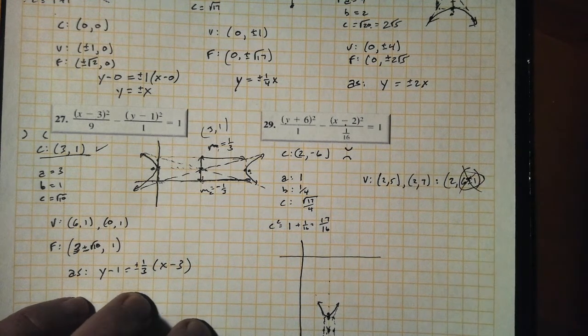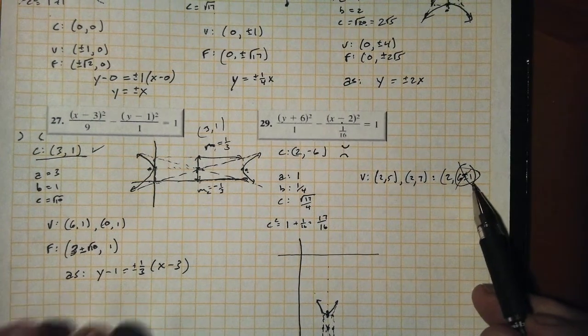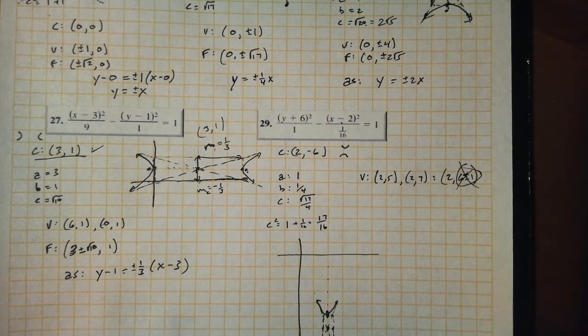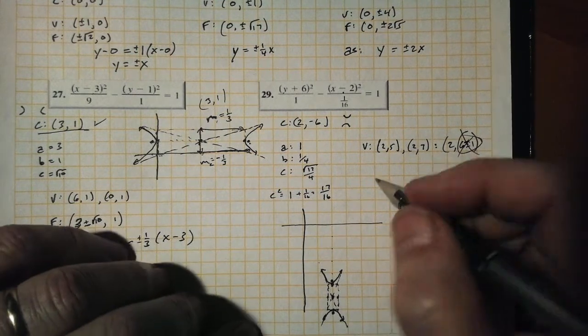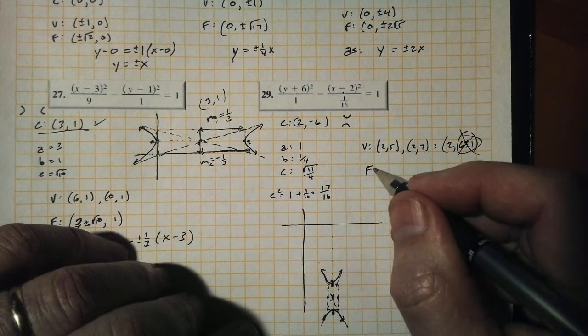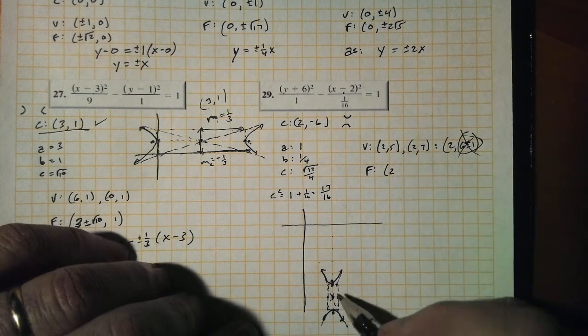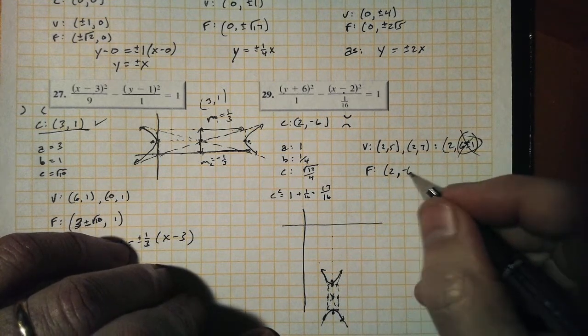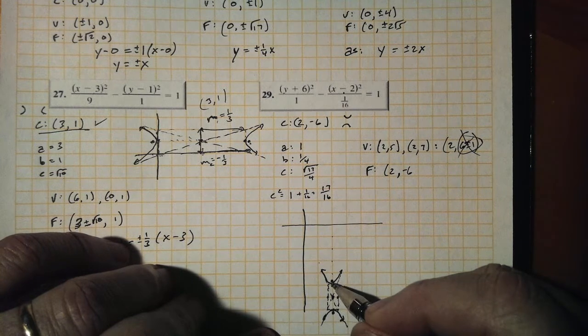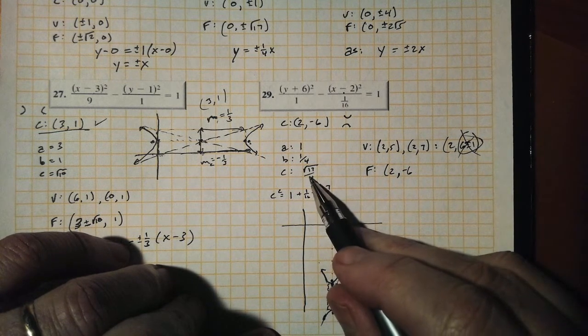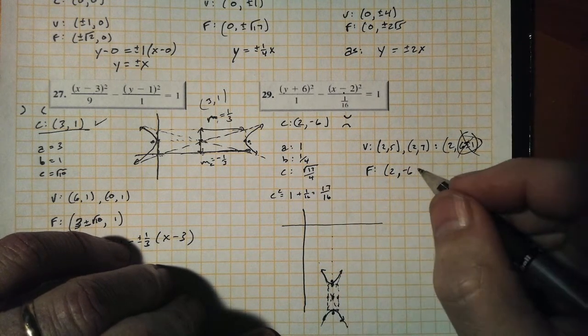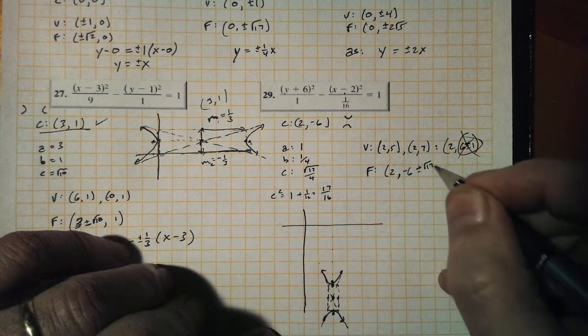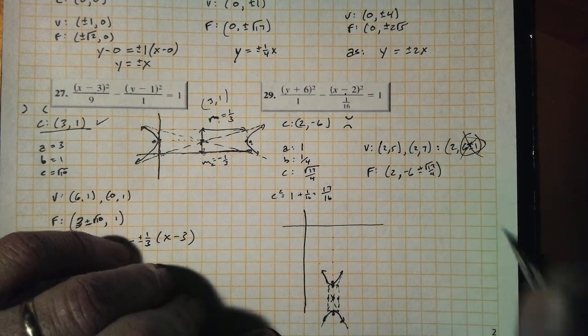I'm not going to be crazy about that. If that was negative 6 plus or minus square root of 2, different story, as you're about to see. The foci, they're to the right 2. They start at down 6, but then we go up and down square root of 17 over 4. Plus or minus square root of 17 over 4.